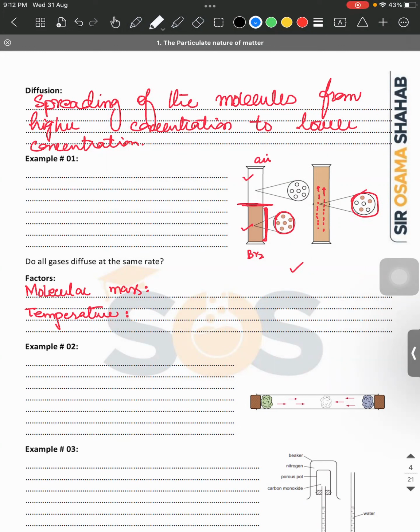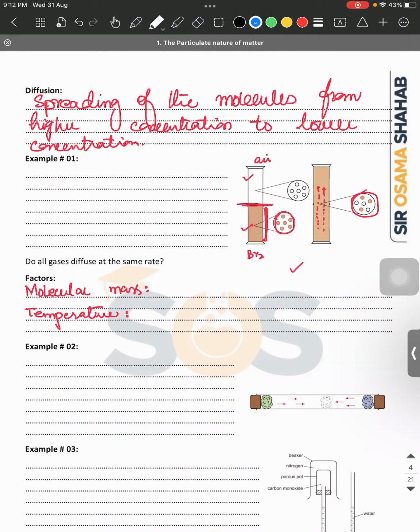For example, if I tell you, you have one elephant and one rabbit, and we are going to compare the speed of these two, right? Which animal's speed is faster, a rabbit or an elephant? Rabbit. Rabbit is fast because it is lower in mass.